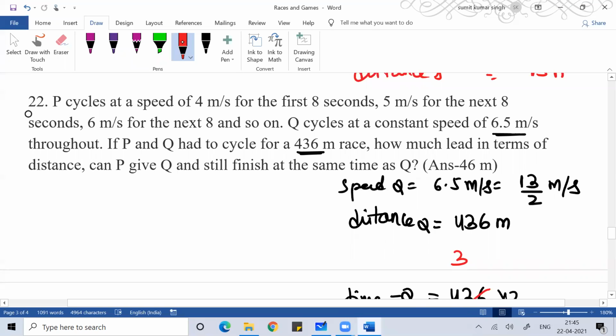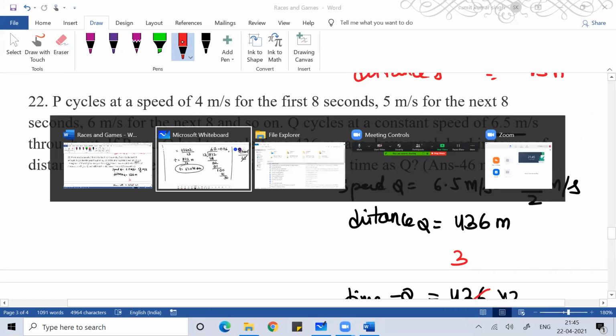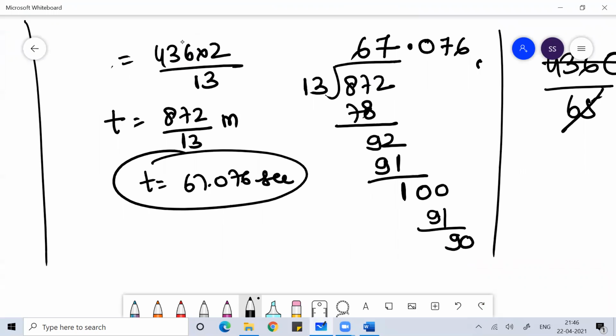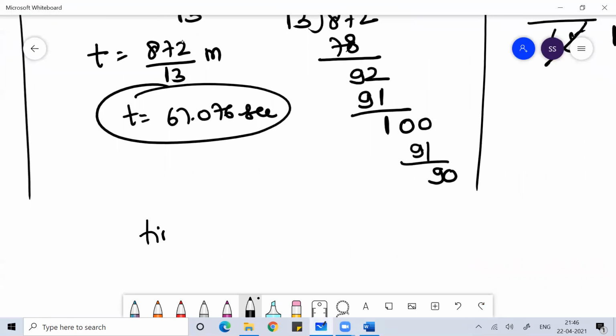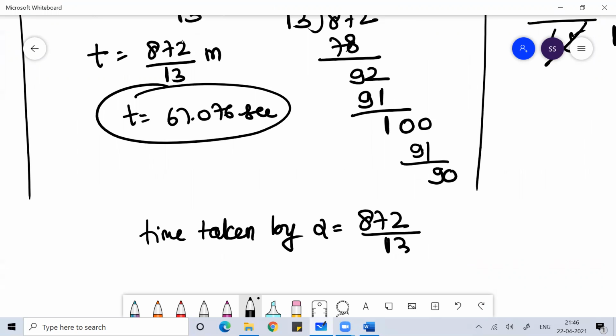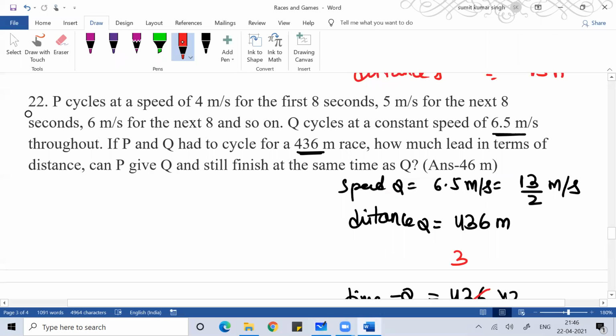So how much lead in terms of distance can P give to Q and still finish in the same time as Q? The time taken by Q is around 872 by 13 seconds. This is the time that Q is going to take.